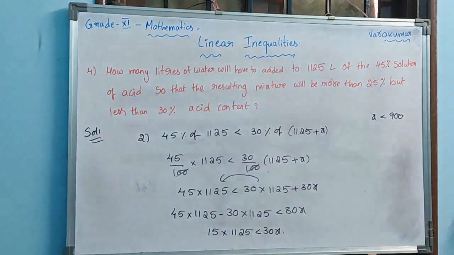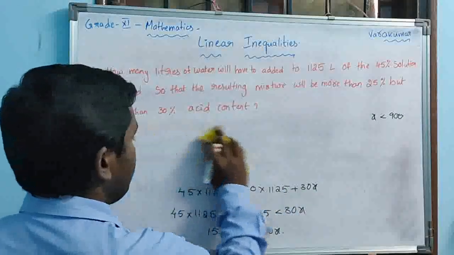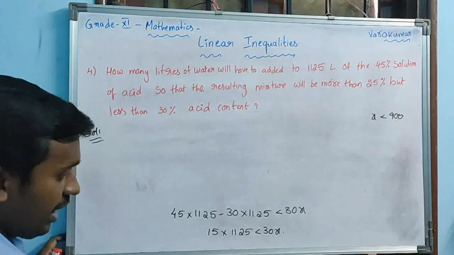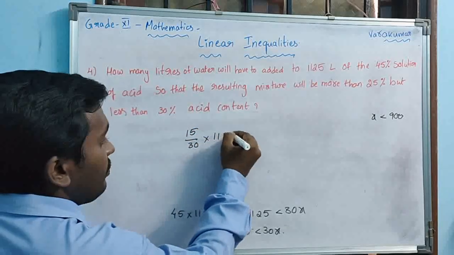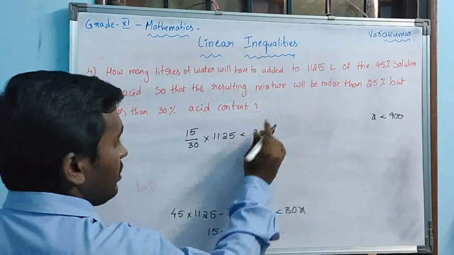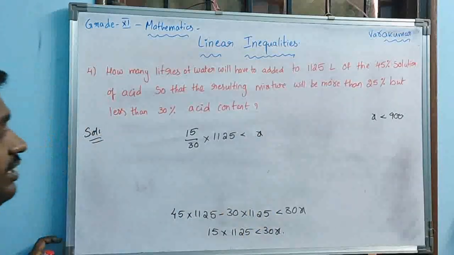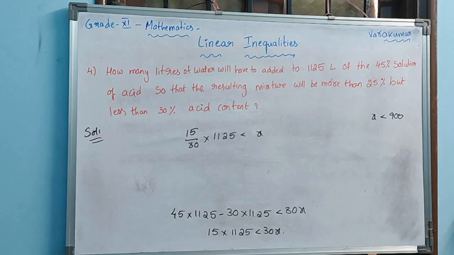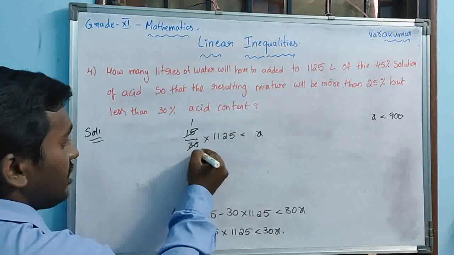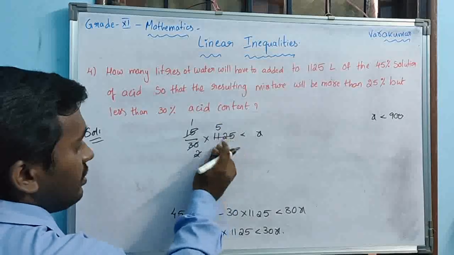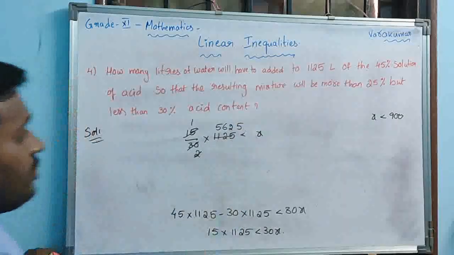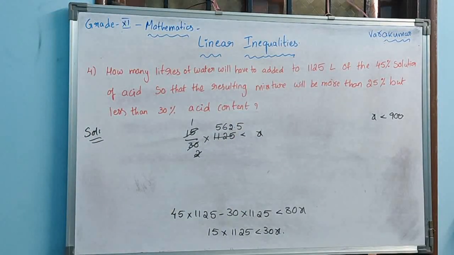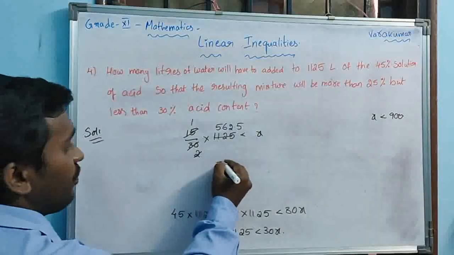Now the 30 also has to go to this side: 15 by 30 into 1125 less than x. Now the answer is almost complete. Simplifying that, we got the value 562.5.